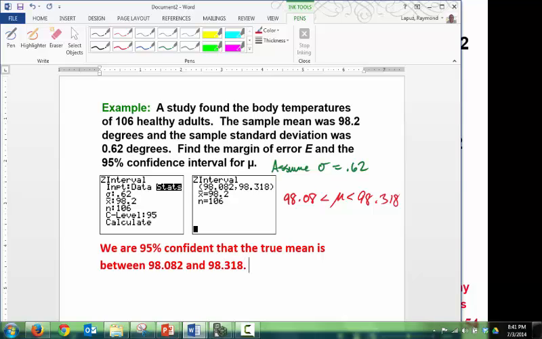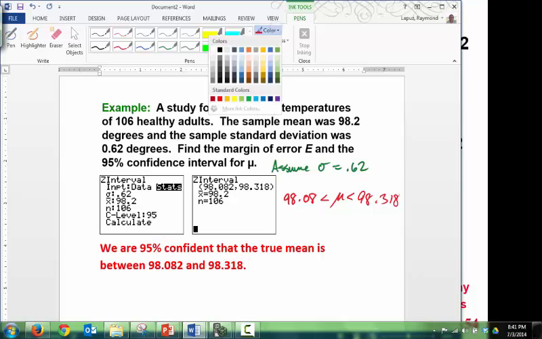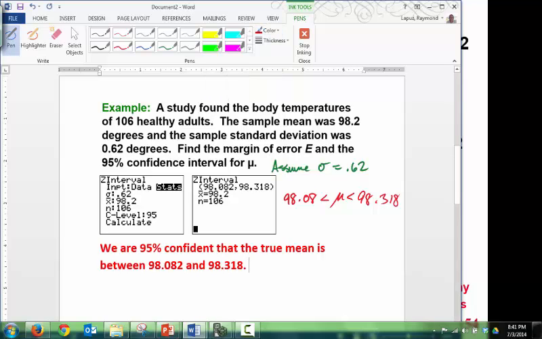And these are in degrees, so just add a little degree symbol here. And then that's it. That's what I would be looking for in this type of problem. Okay? So the same business.